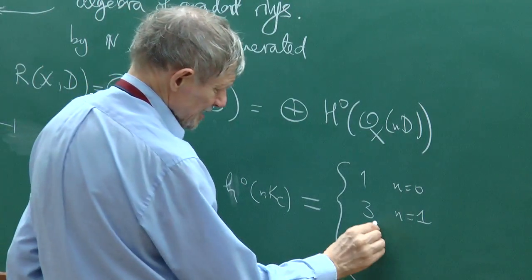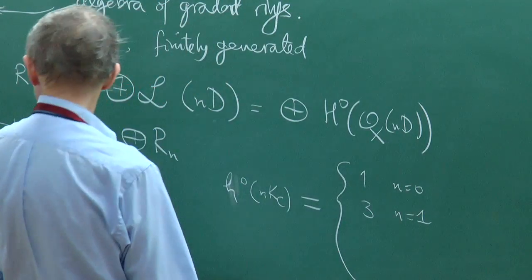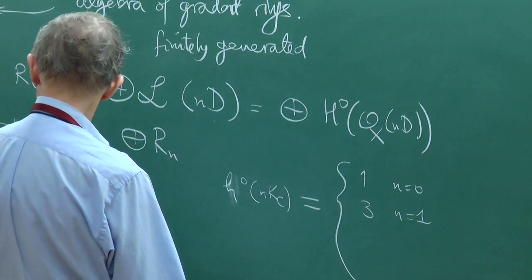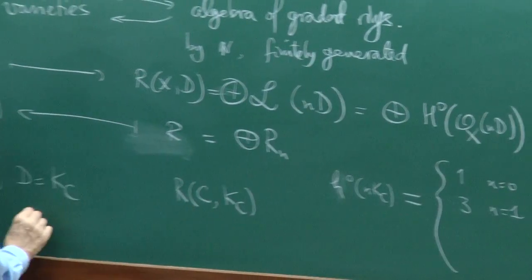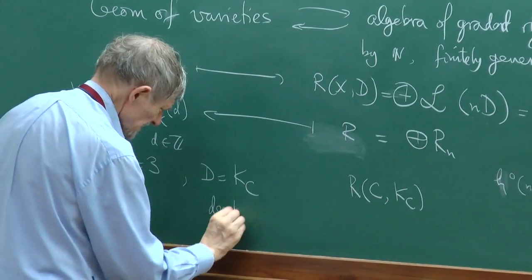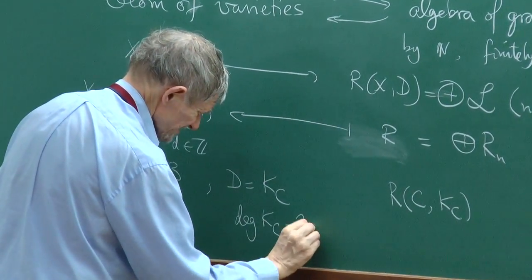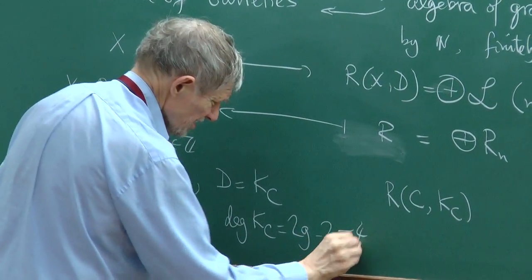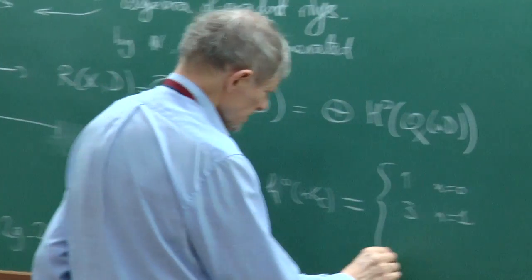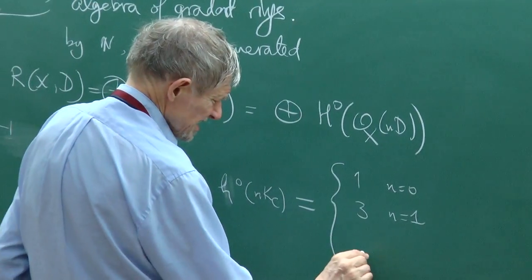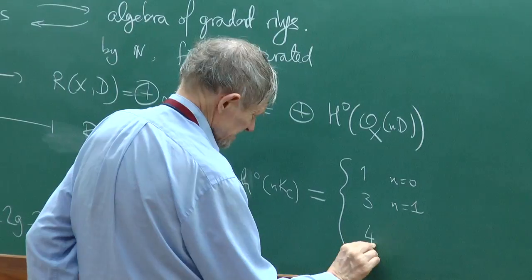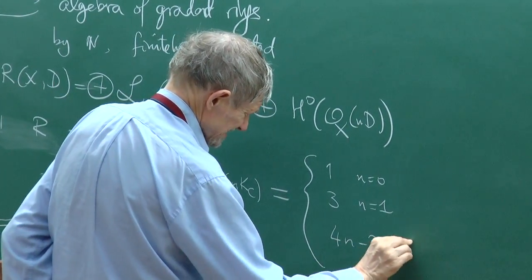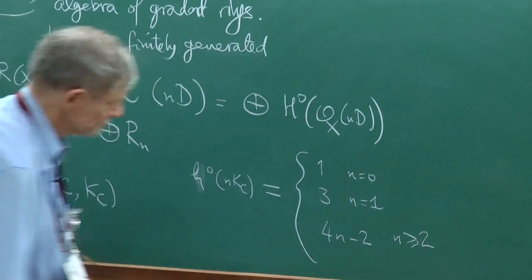And then, the degree of K_C is 2g minus 2, which is 4, and so this is 1 minus g plus 4n. So this is 4n minus 2 for n greater than or equal to 2.